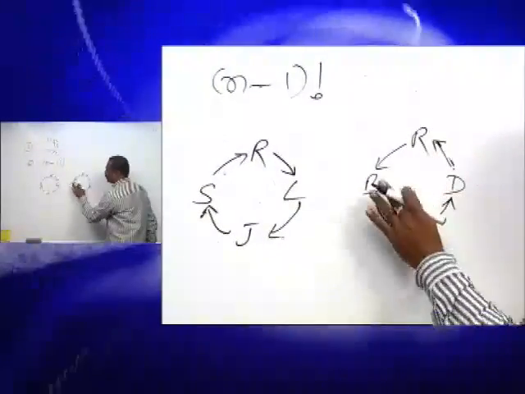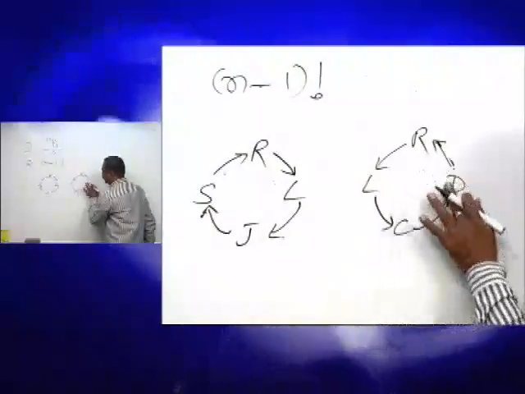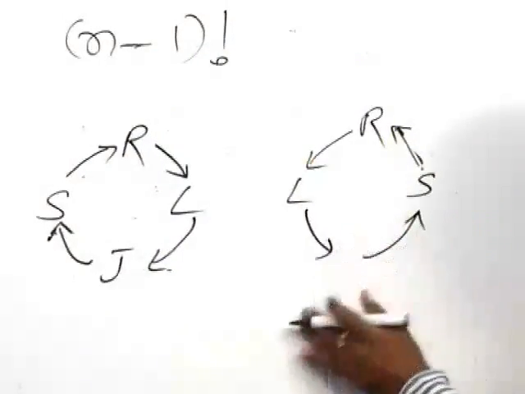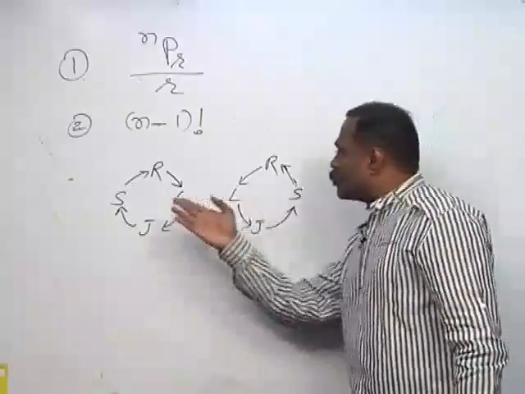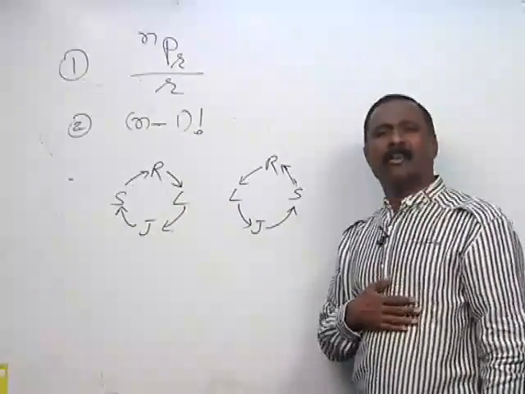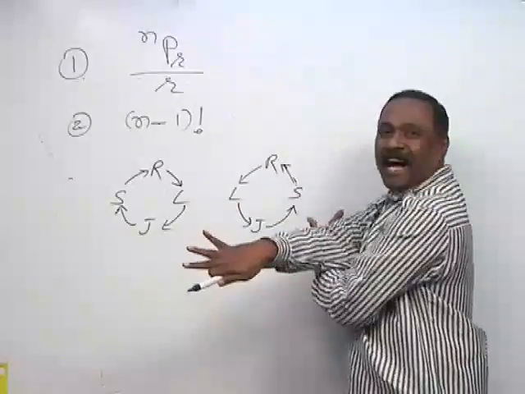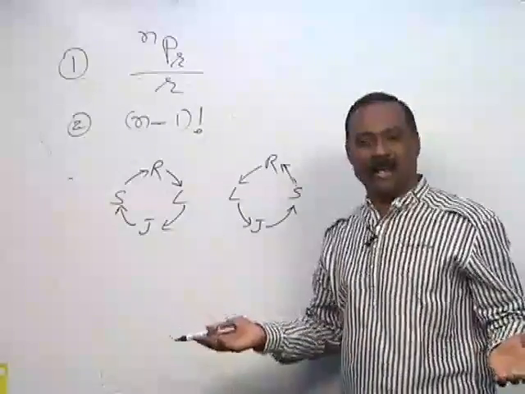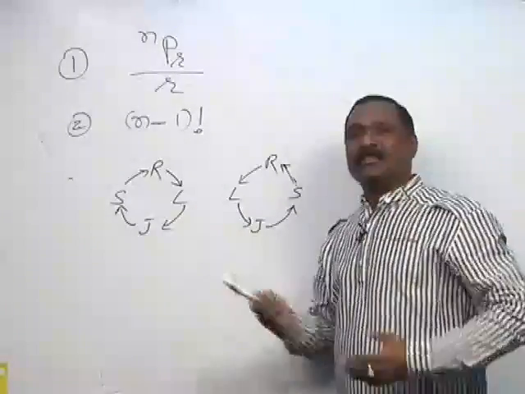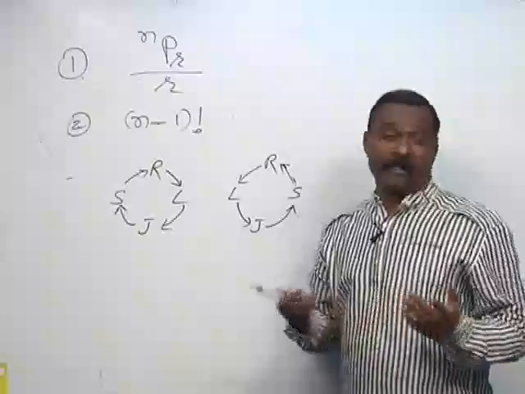This is rose, this is lily, this is sunflower, this is jasmine. Then you may think, sir, this is different from this. No, it's not like that. I will reverse the garland. What makes the difference? Both will be same.